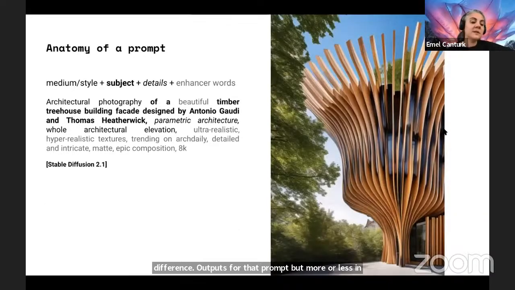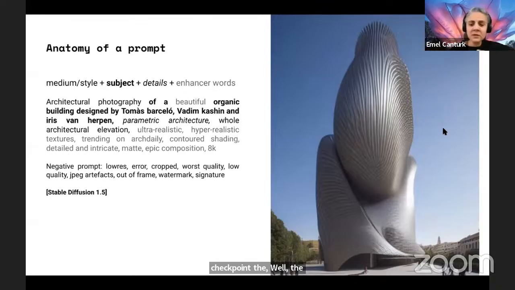But in another checkpoint, the image content really changed. This is one of the ugliest buildings you can see on Earth, I think. But it's so, I don't know, different.